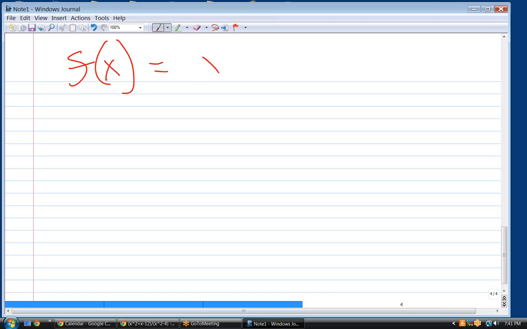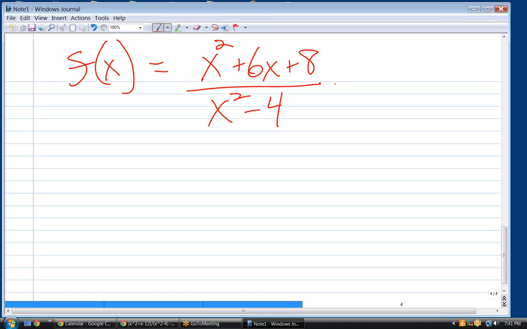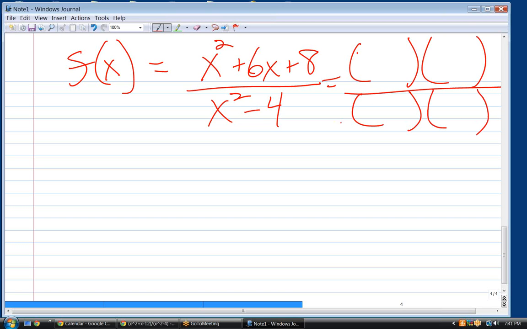x squared plus 6x plus 8 over x squared minus 4. This one's going to factor a little better into what? I know you know that one. (x plus 4)(x plus 2) over (x minus 2)(x plus 2).